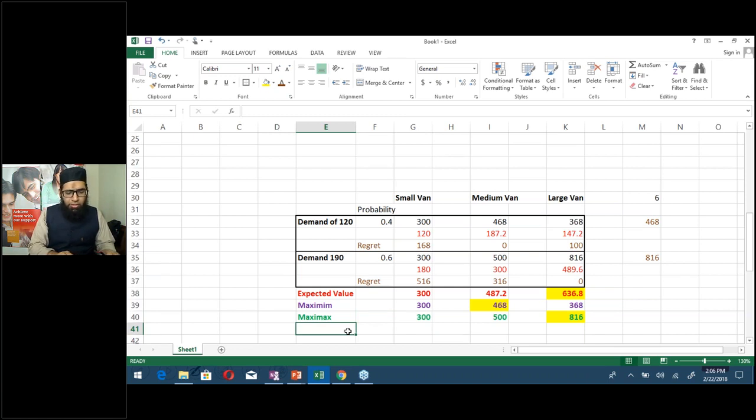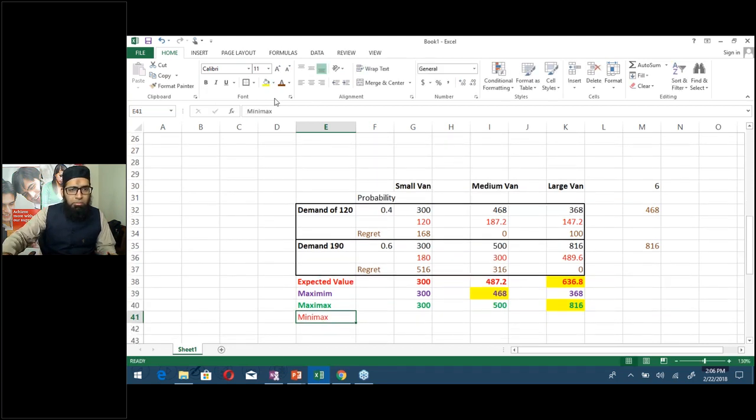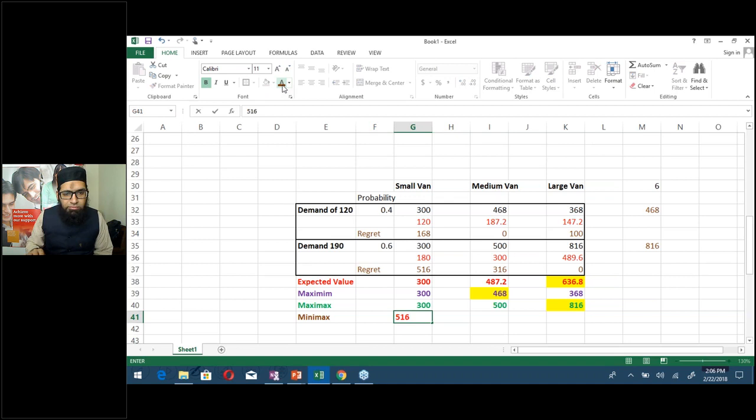Now, to calculate the values based on minimax, which is minimize the maximum regret, first we have to choose the maximum regret value in each option. So the maximum value for small van is 516. The maximum value for medium van is 316. And for large van it is 100.